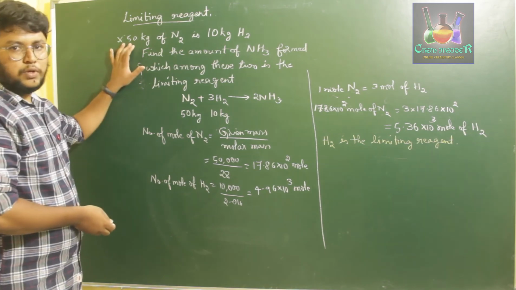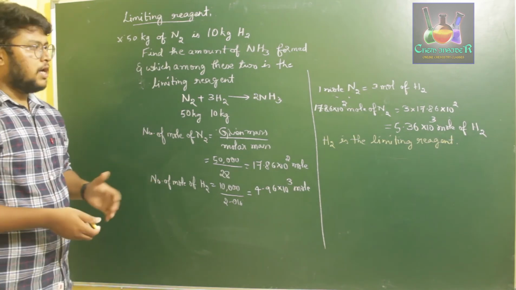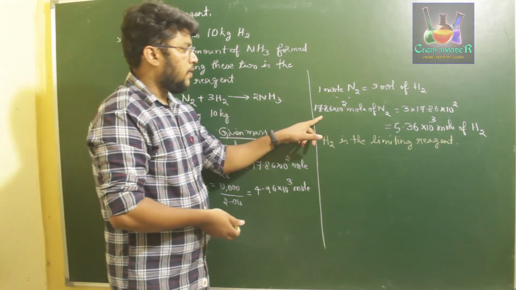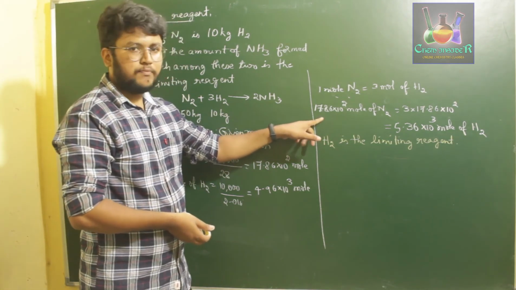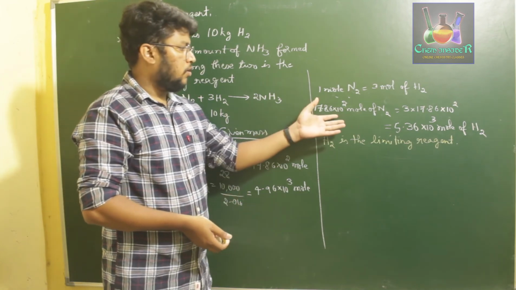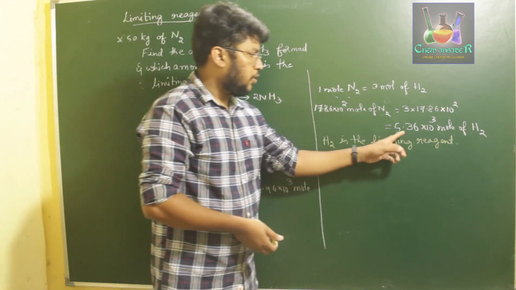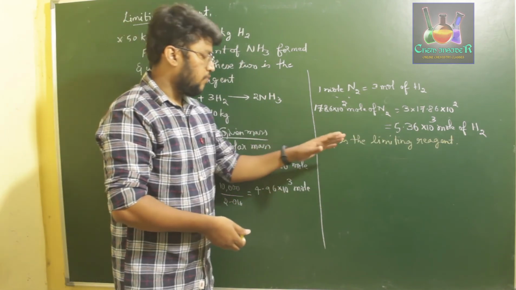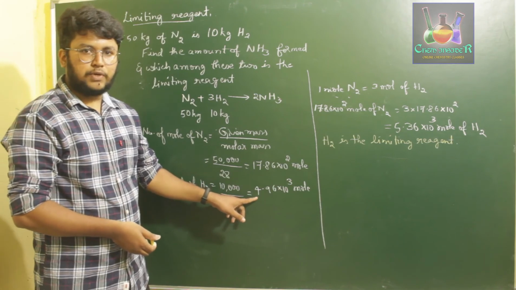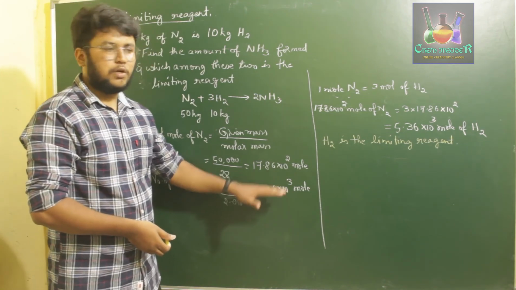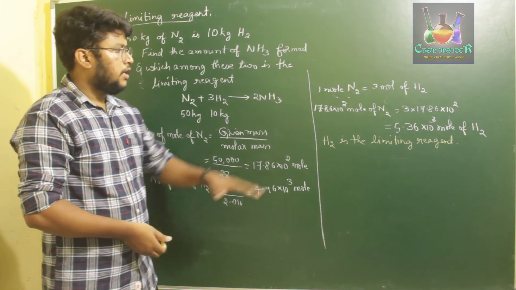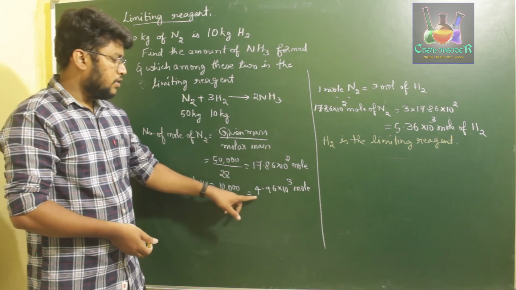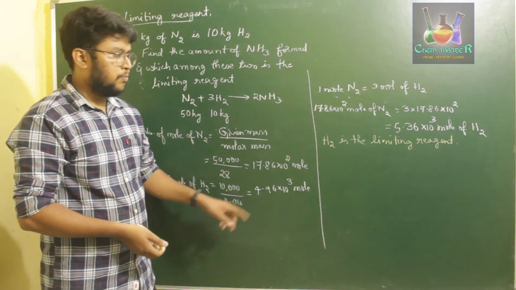The nitrogen, present in excess, cannot react completely because it requires 5.36 × 10^3 moles of hydrogen, but we have just 4.96 × 10^3 moles. So instead of considering 17.86 × 10^2 moles of nitrogen for the formation of ammonia, we should consider the limiting value, that is 4.96 × 10^3.